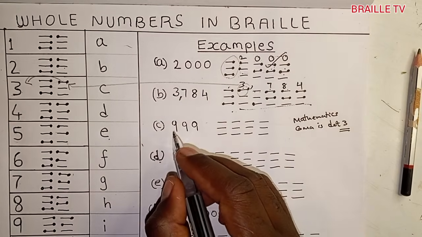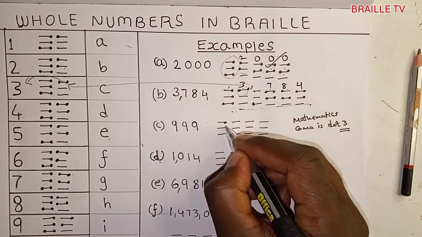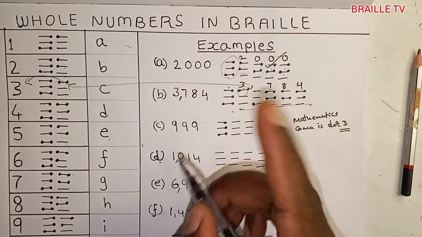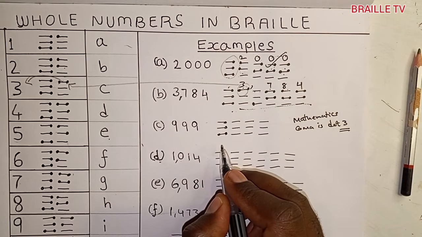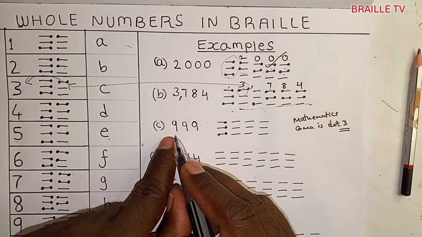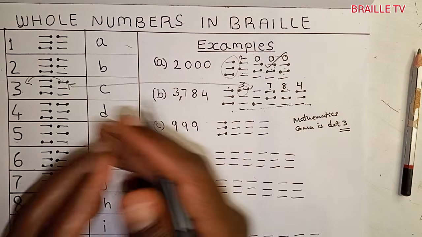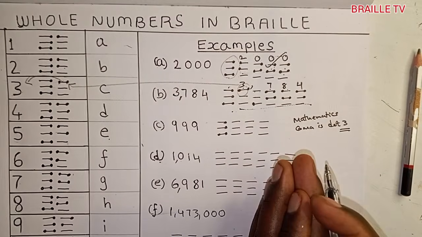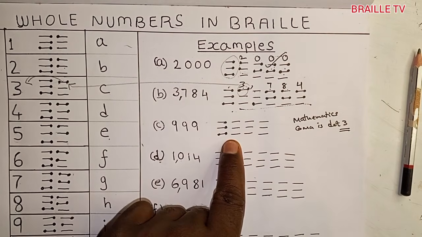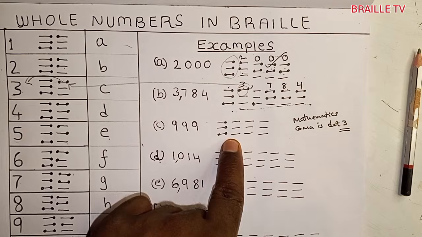That is it. 999, you just write a numeral sign first. Do not make a mistake and forget writing this numeral sign. Because if you write this 999 without writing a numeral sign, they will all be letters of the alphabet. So you need this converter, which is a numeral sign or a number sign.